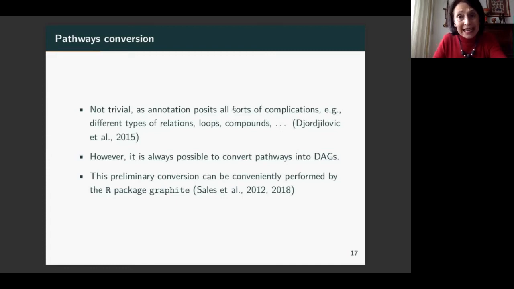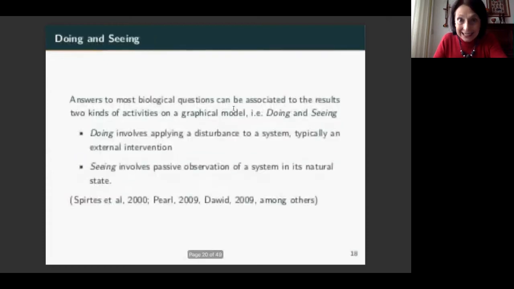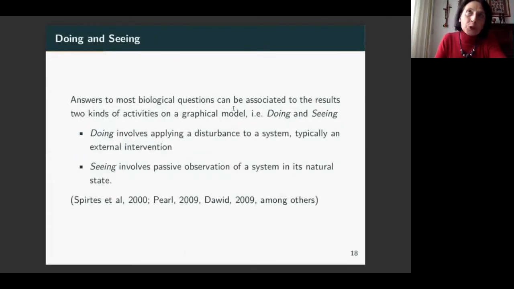So once you have a DAG, the nice thing is that answers to most biological questions can be seen as the outcomes of two actions that can be taken on a graphical model, which are the actions of doing and saying. Now, doing and saying are terms that appear in some fundamental papers of the statistical literature. They weren't created by us.